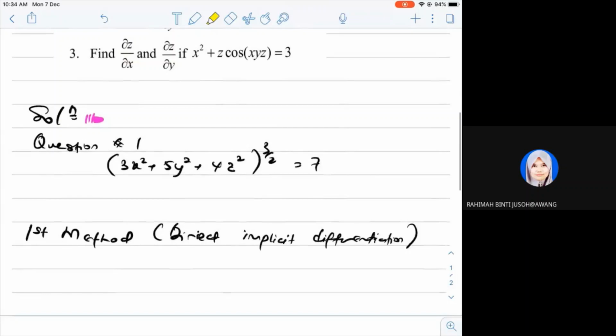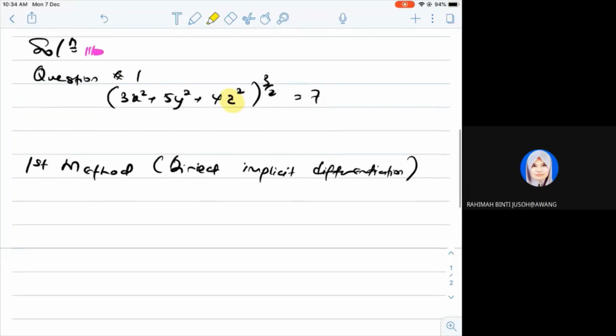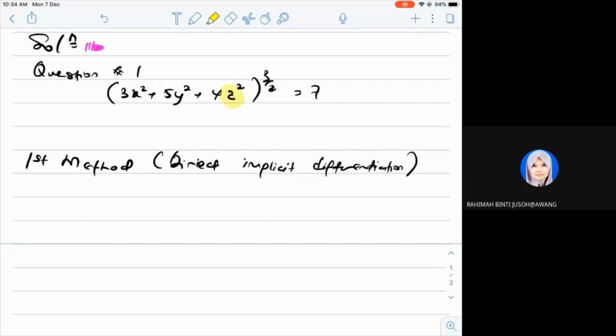If you look here, guys, this is the equation. Now, if you notice here, z is inside the function itself. It's embedded inside the function. So we have to solve this by using implicit differentiation. I'll show you the first method by using direct implicit differentiation.